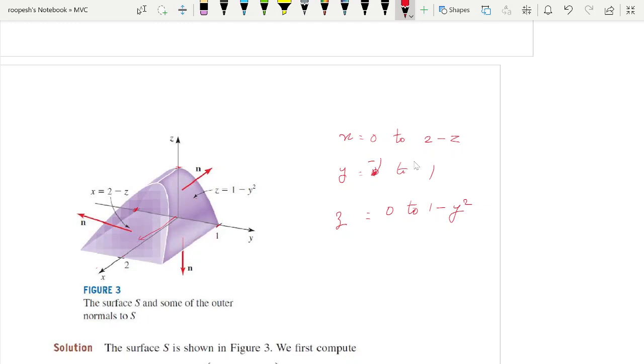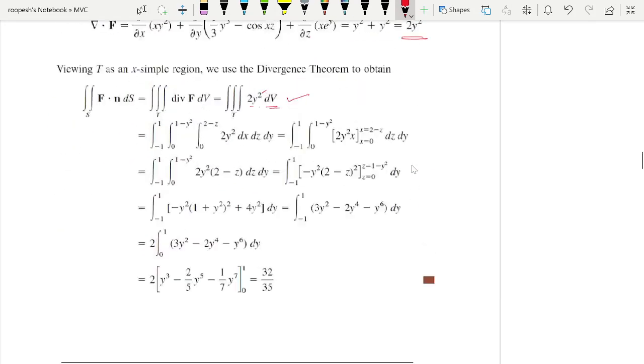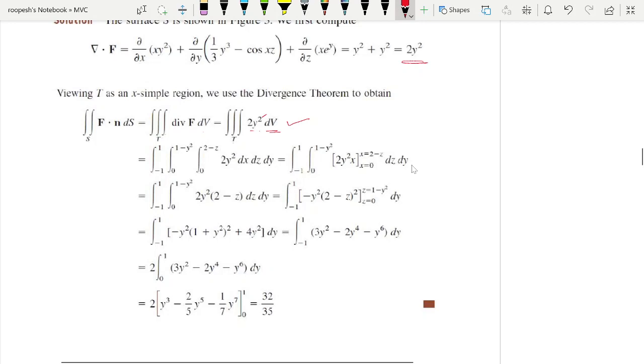So here x is varying from 0 to 2 minus z, z is varying from 0 to 1 minus y square, and y is varying from minus 1 to 1.